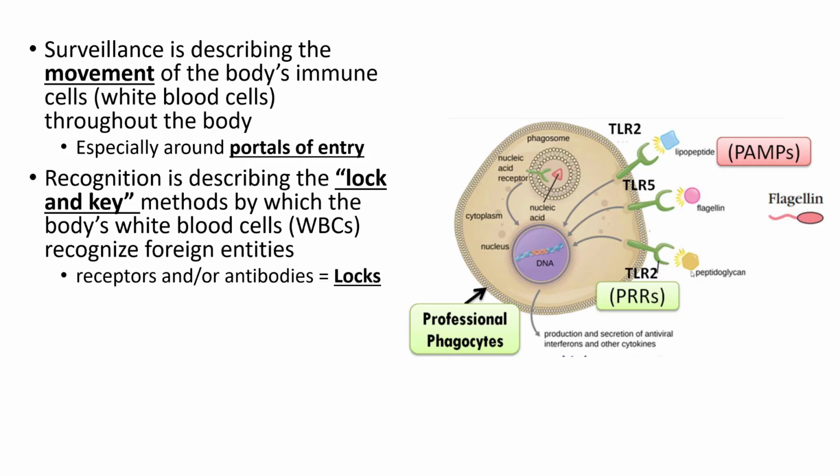So the receptors act as the lock, and this also applies to antibodies. And that'll come up in the next part next week when we do chapter 16. But same general idea. And the antigen, sometimes called an immunogen, acts like the key, like the peptidoglycan that fits into that little receptor with a certain degree of specificity. Once these receptors are activated, that then sends a signal to the DNA.